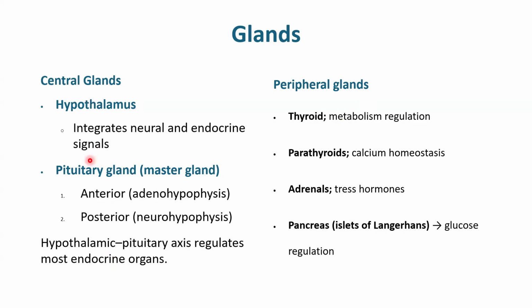Some of the peripheral glands: the thyroid, found in the neck, is there for metabolism regulation and growth; the parathyroids are there for calcium homeostasis; the adrenals are there for stress hormones.